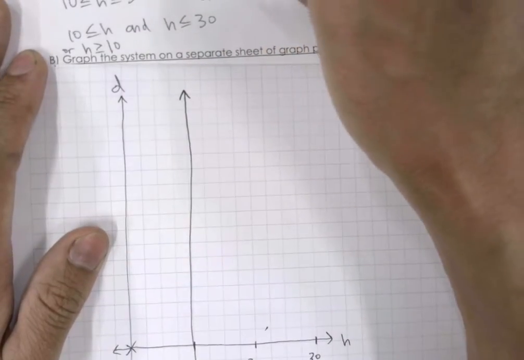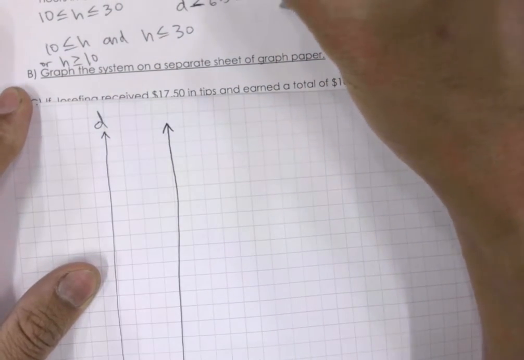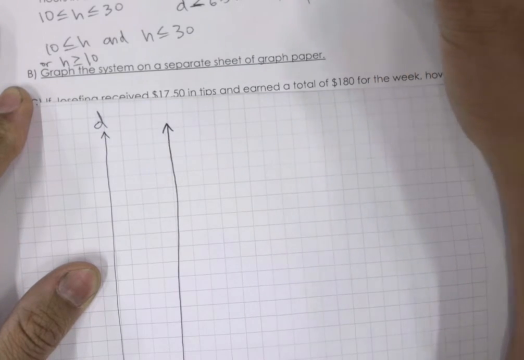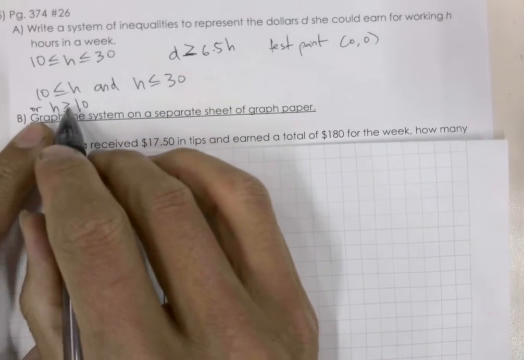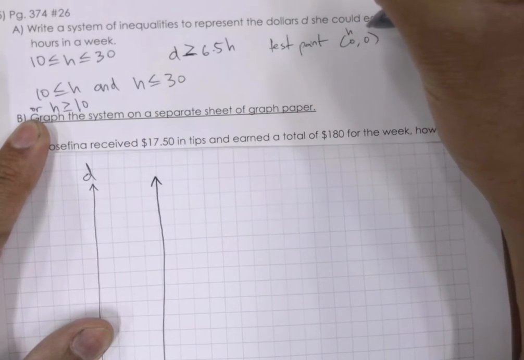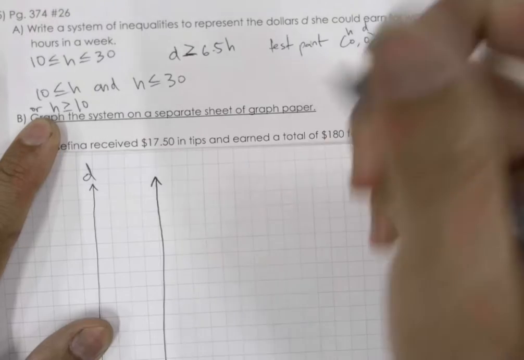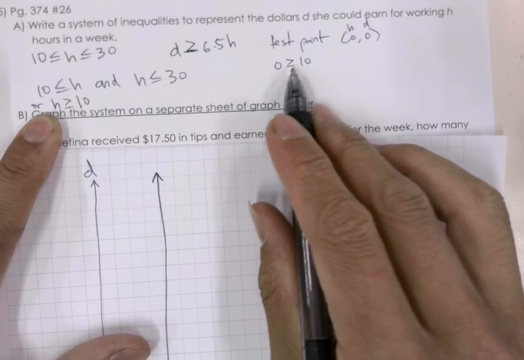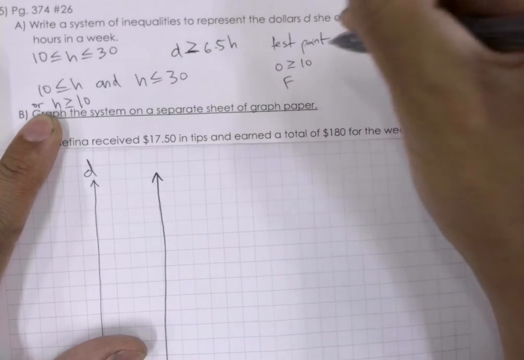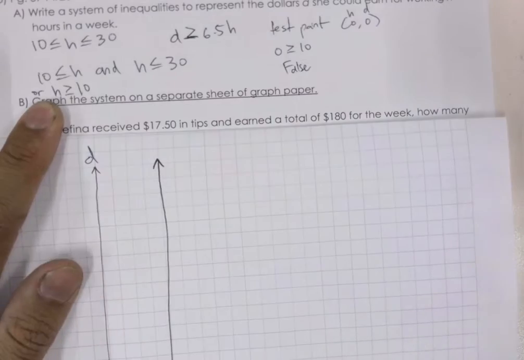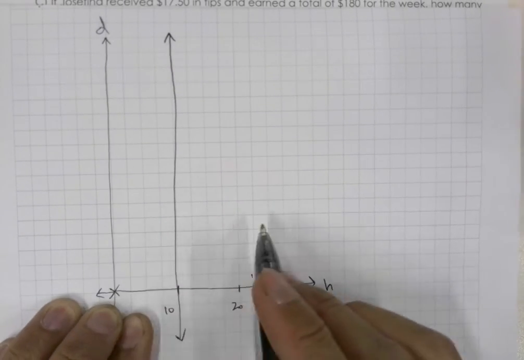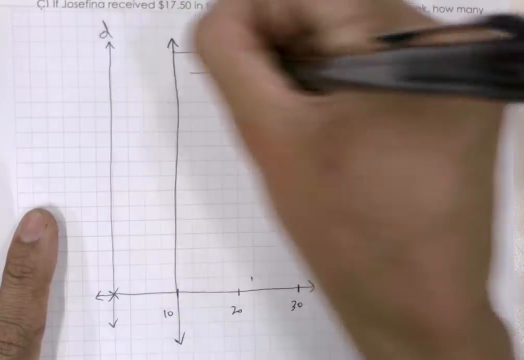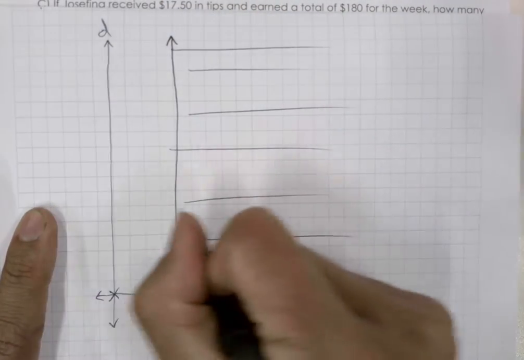We insert our H into the inequality, and we get 0 is greater than or equal to 10. Is that true? No, it is false. So since it's false, in our graph, we shade in the side that does not include the test point, which means we do this side here.